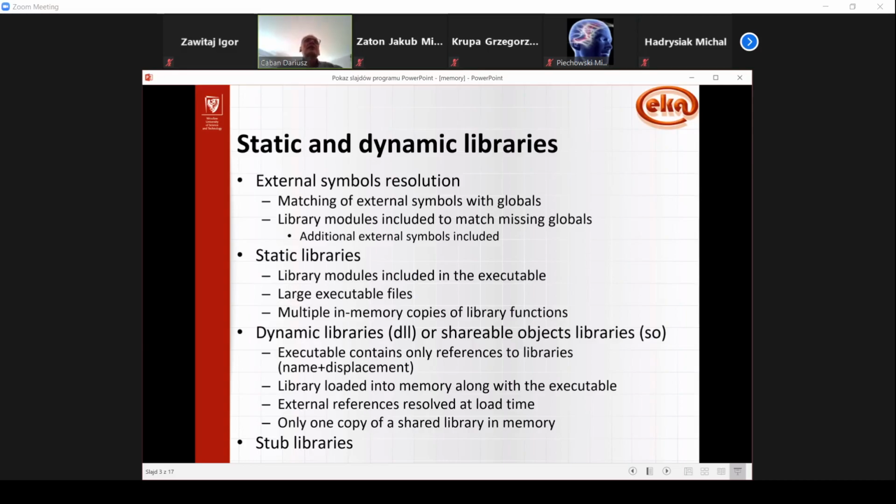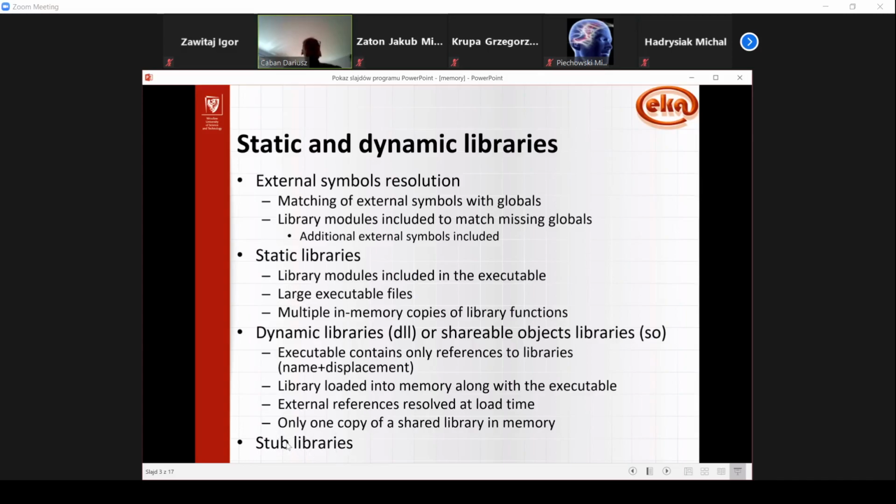There is also one thing more that I need to tell you about. That's the stub libraries. Okay, in Windows, that's a separate file. So for each dynamic link library, DLL, there is a stub library in the development tools when you want to use the library, and the way that you use the dynamic library is actually that you link statically to the stub libraries.